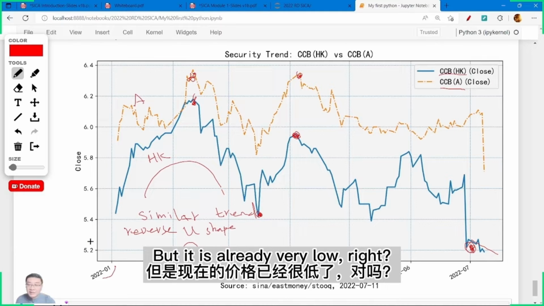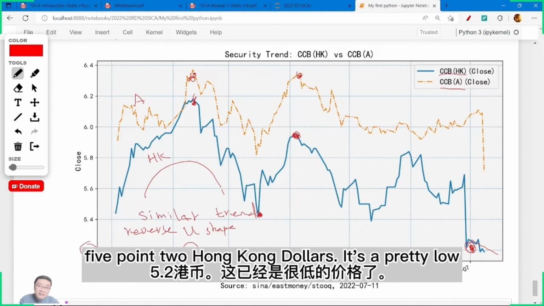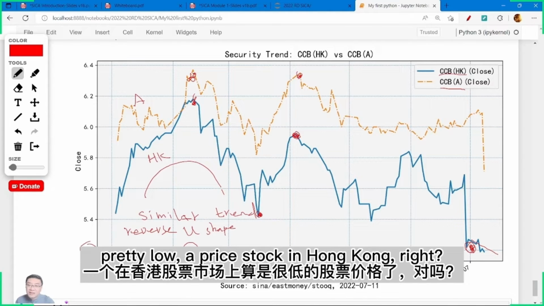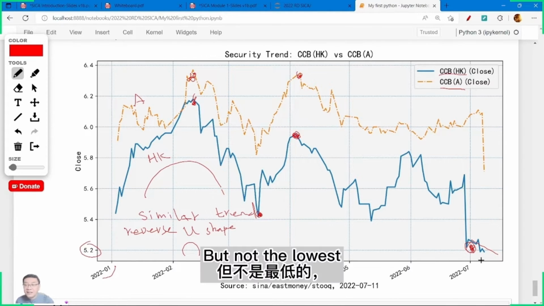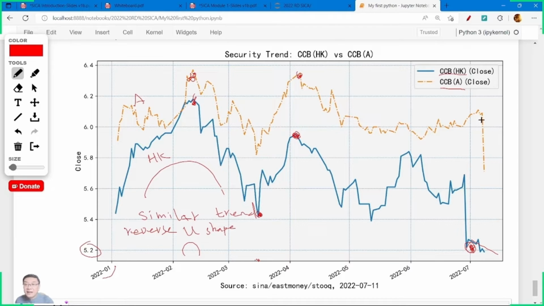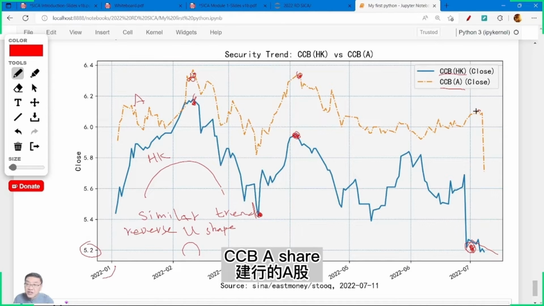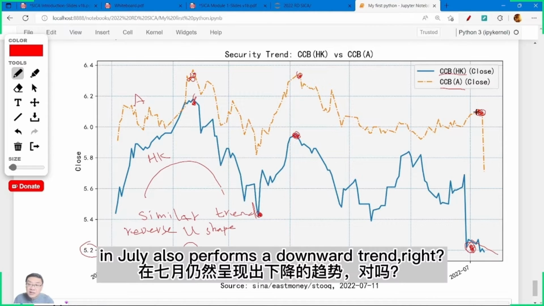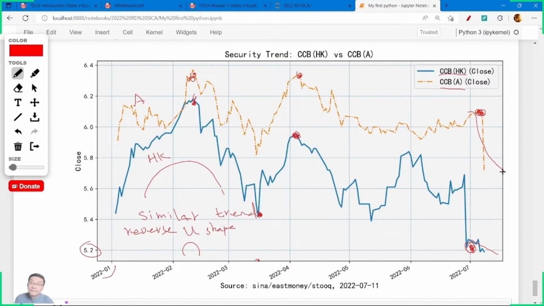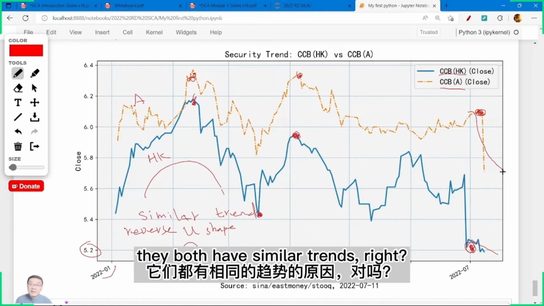But it is already very low: 5.2 Hong Kong dollars is a pretty low price for a stock in Hong Kong, but not the lowest, and very different from ICBC A share. CCB A share in July also shows a downward trend, so they both have similar trends.